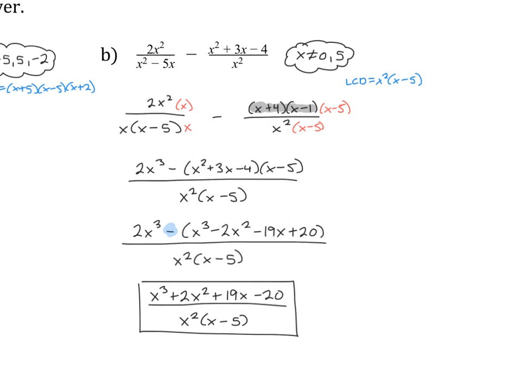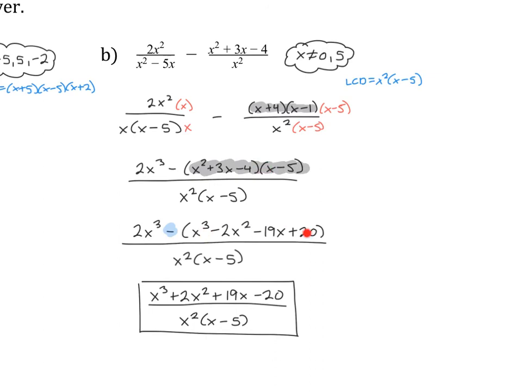So from here, it's just a lot of multiplying out, and we do need to be careful to maintain this negative. So the first thing I did was I multiplied back out what I factored in that first step. So (x plus 4) times (x minus 1) is x squared plus 3x minus 4. And then in the next step, I multiplied these two polynomials out.